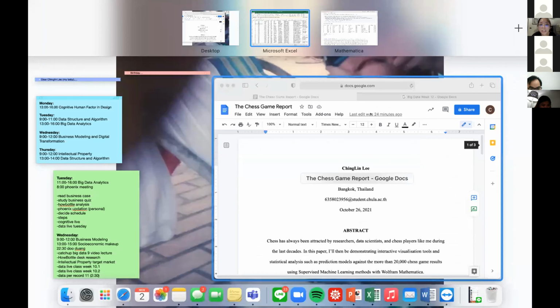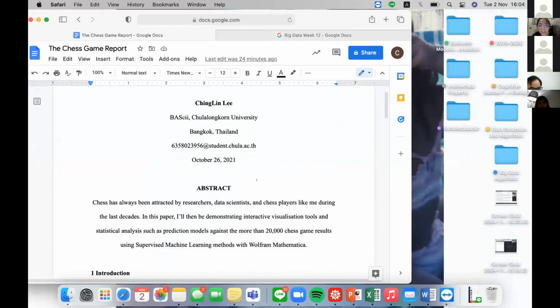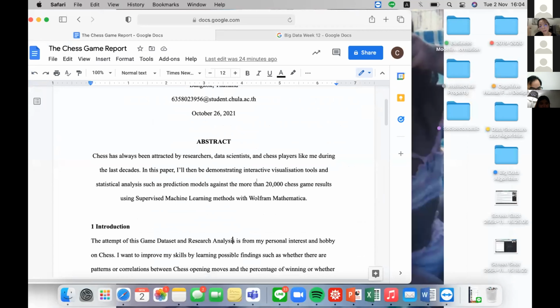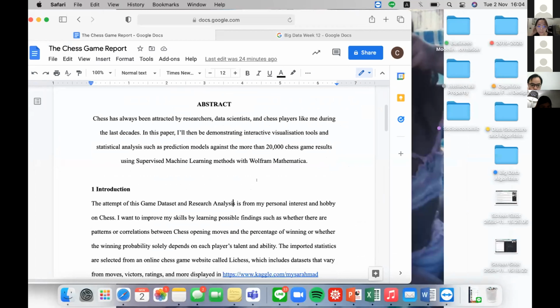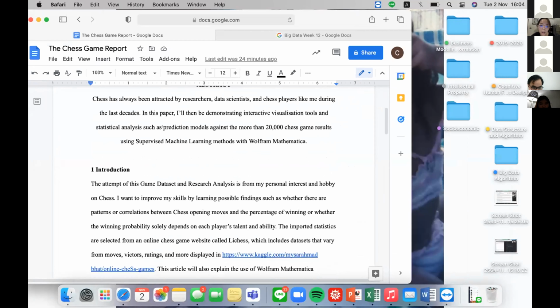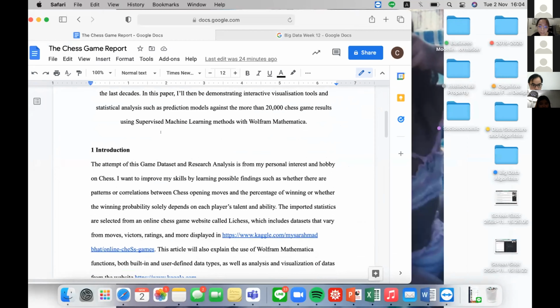Okay, so I started the report a little, but I'm waiting for the approval. I'm planning to demonstrate interactive visualization tools and statistical analysis, such as prediction using supervised machine learning.